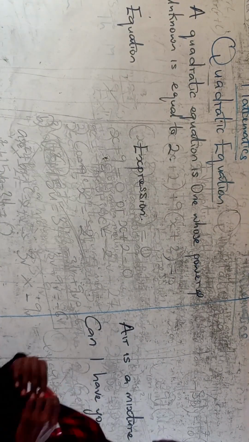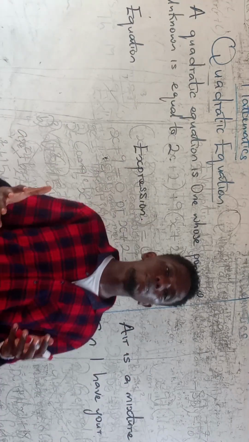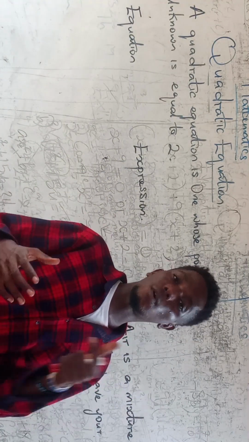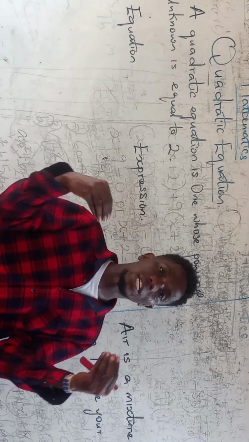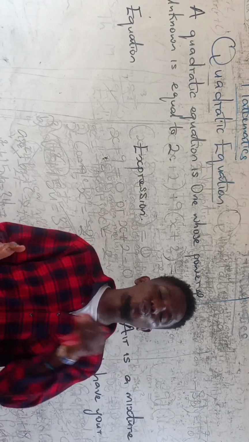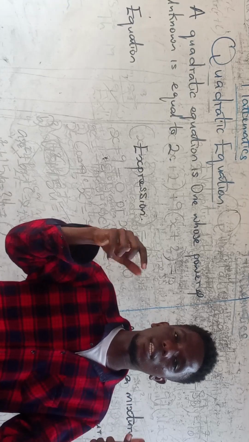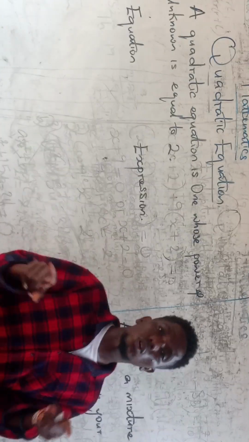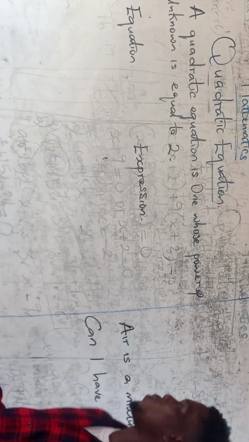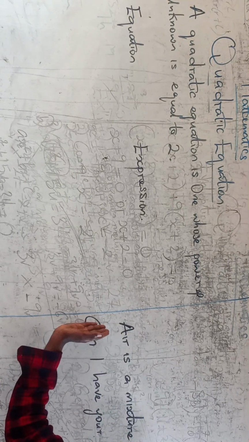Now, an equation is like a statement. A statement can either be true or false. How do I identify a statement? You identify a statement by its truth value. If you can't tell whether this is either true or false, then such is not a statement. For example, I have here, air is a mixture of gases. Now, this is a statement, so this can either be true or false.